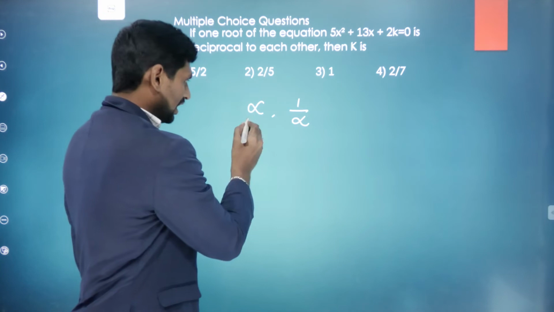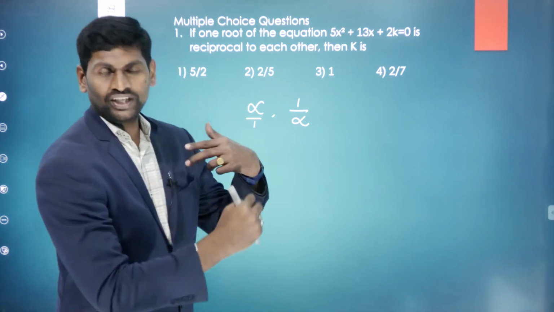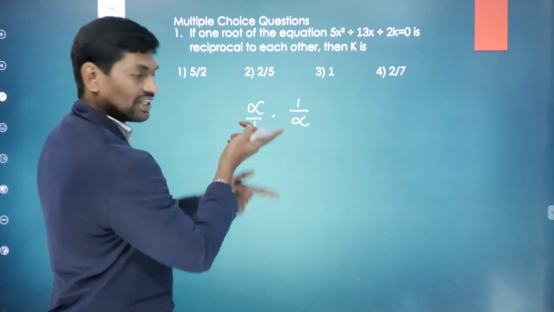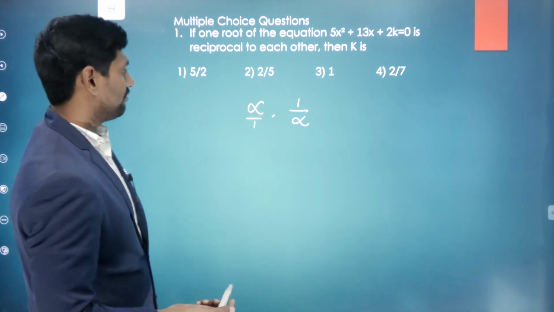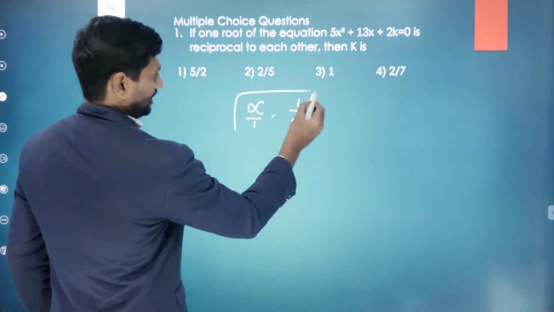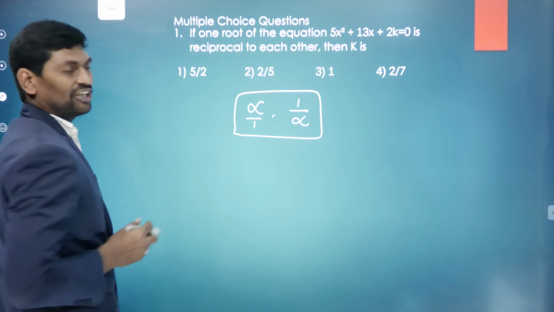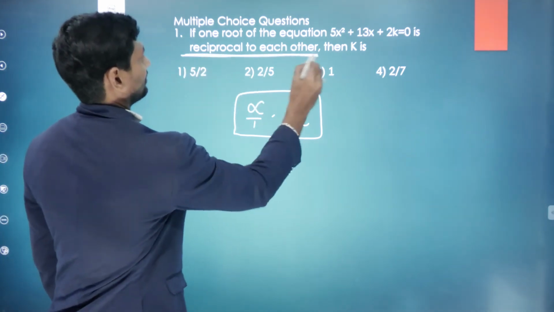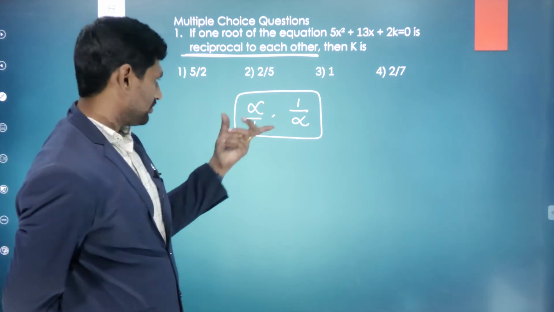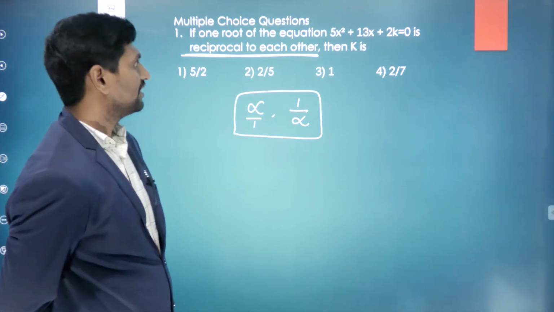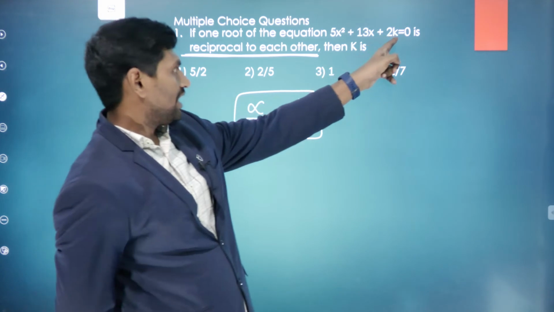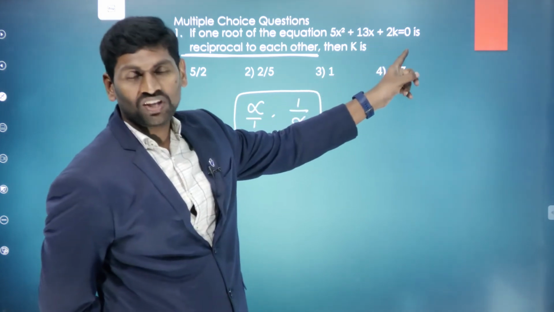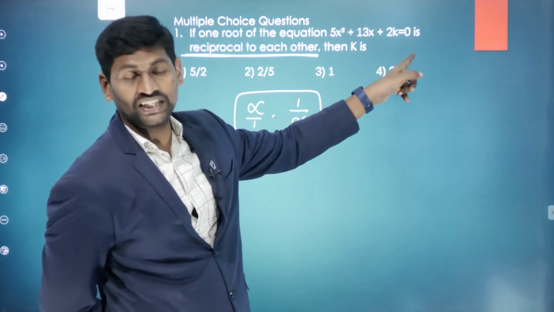Alpha is nothing but alpha by 1. When you take the reciprocal, means its reverse, it will give 1 by alpha. Okay? These are the given roots because reciprocal to each other. Reciprocal means we should take like this. Okay. Now, the unknown value k is in the place of constant.